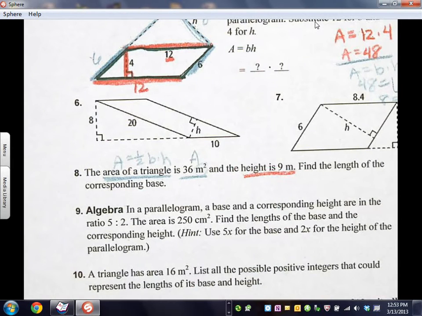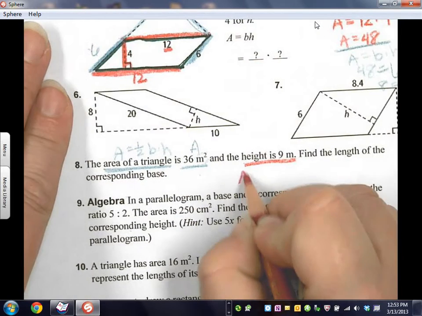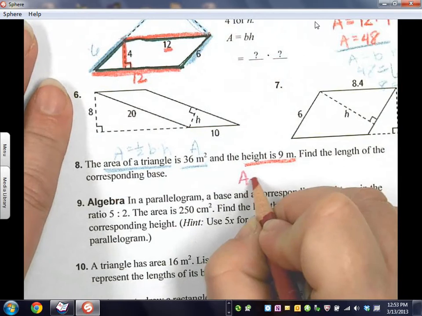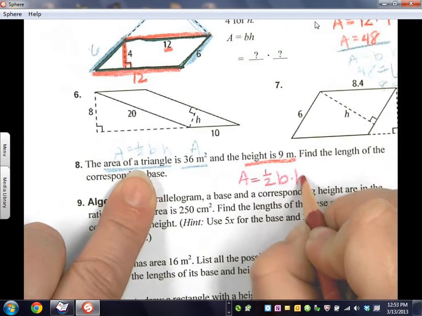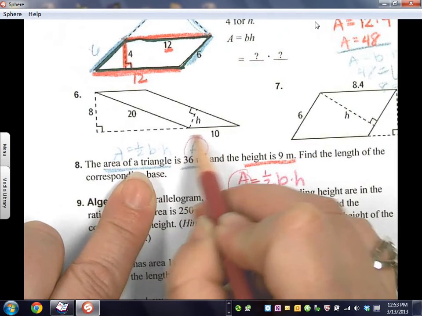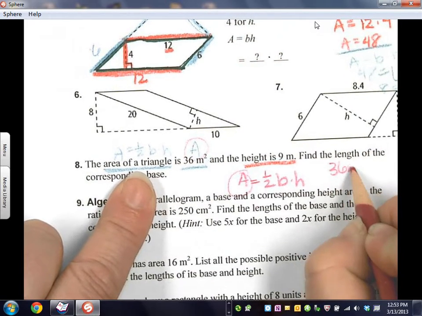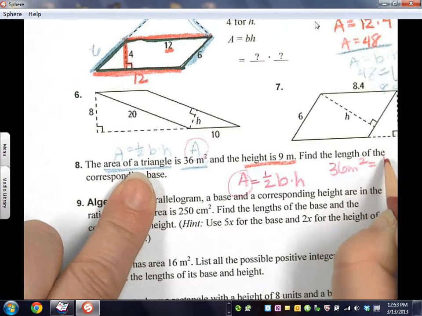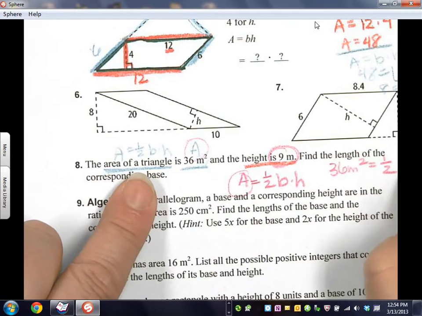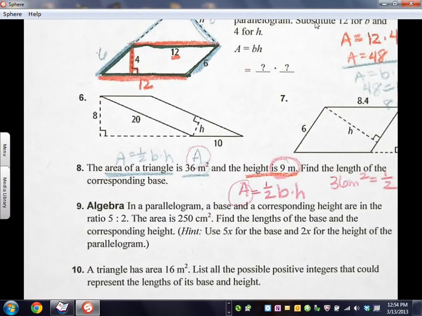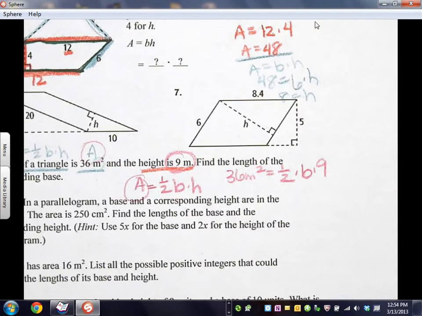So let's write our equation. I'm trying to find a different color. The area equals 1/2 base times height. I know my A is this, 36 meters squared. My height is this. I'm off the paper, sorry.